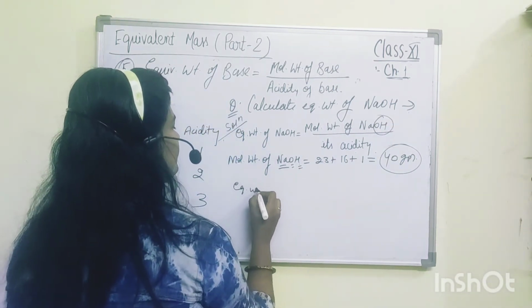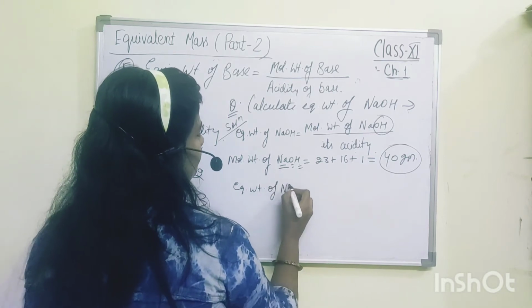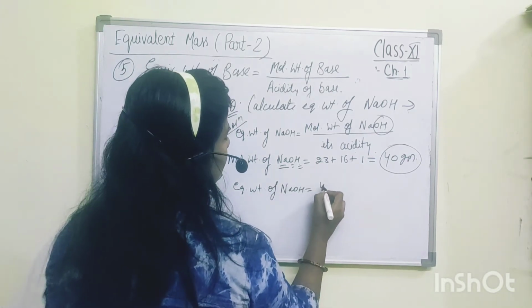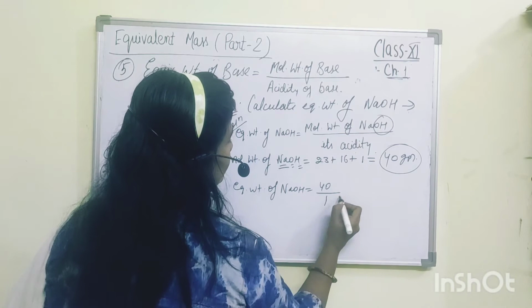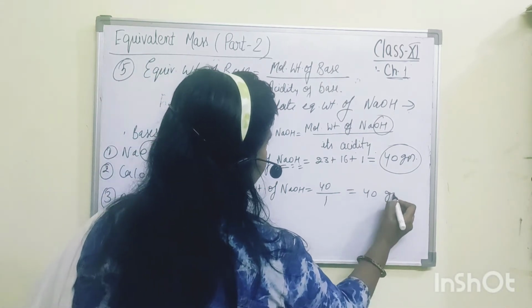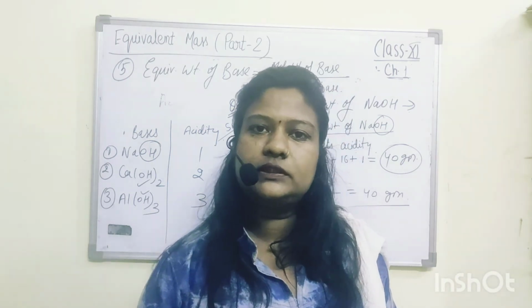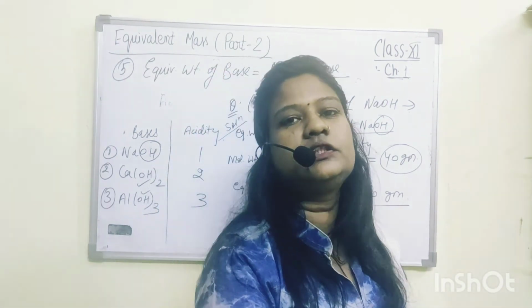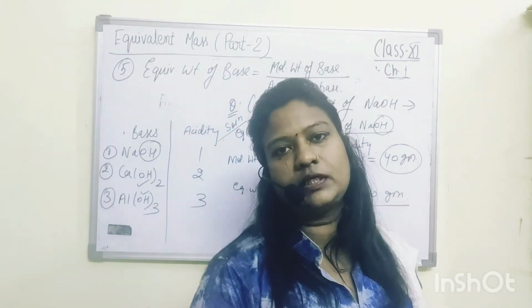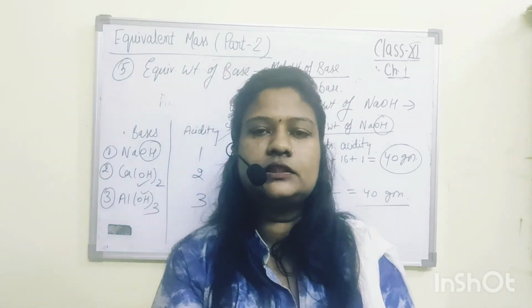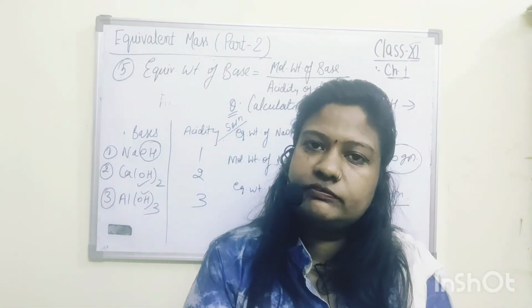So the equivalent weight of NaOH is just the same as the molecular weight, 40 grams. So the molecular weight and equivalent weight of NaOH are the same. Okay, so this is the formula. You can calculate the equivalent weights by using different formulas.